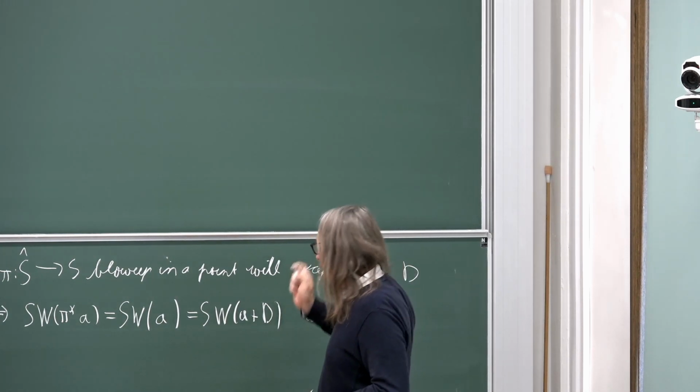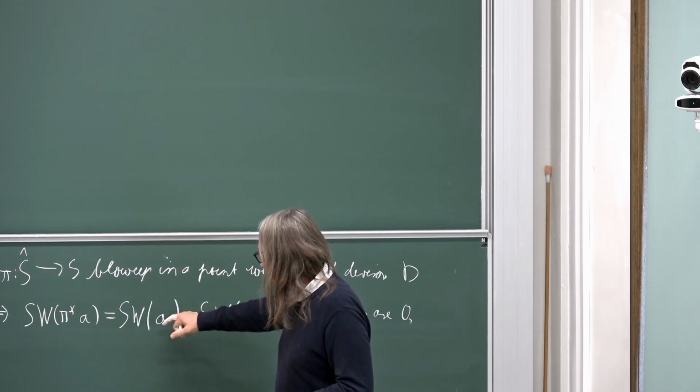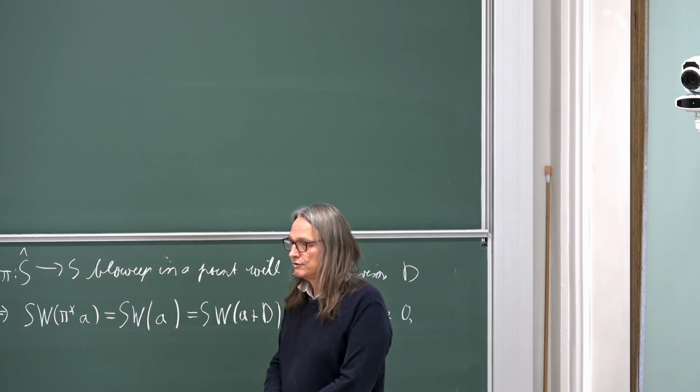So that means the Seiberg-Witten invariant on the blowup is non-zero if and only if it comes in this way from a Seiberg-Witten invariant on the surface.